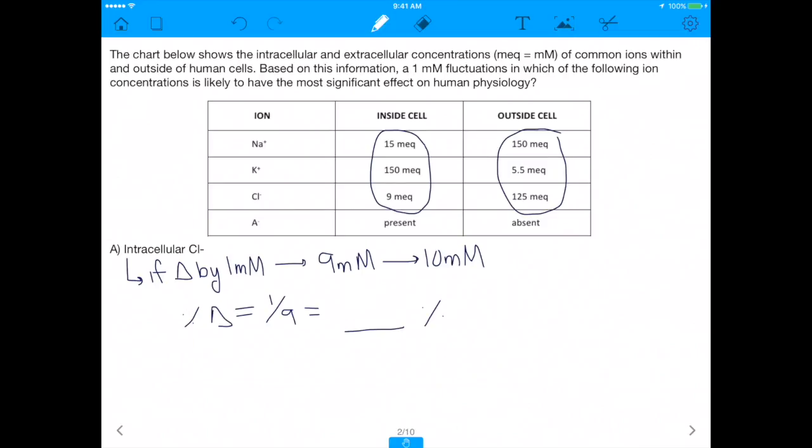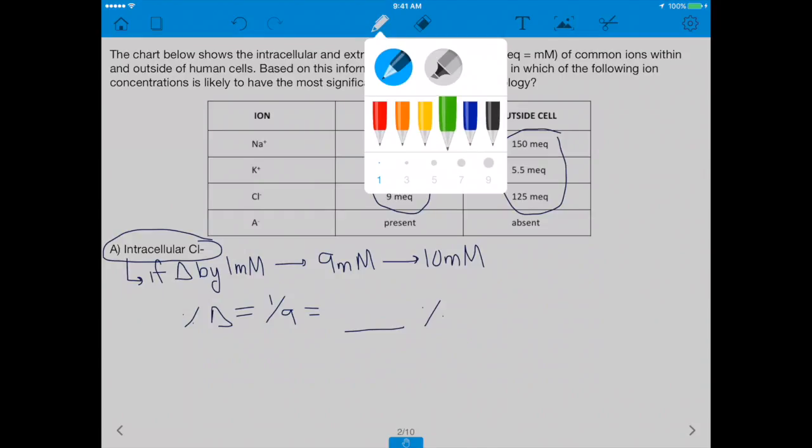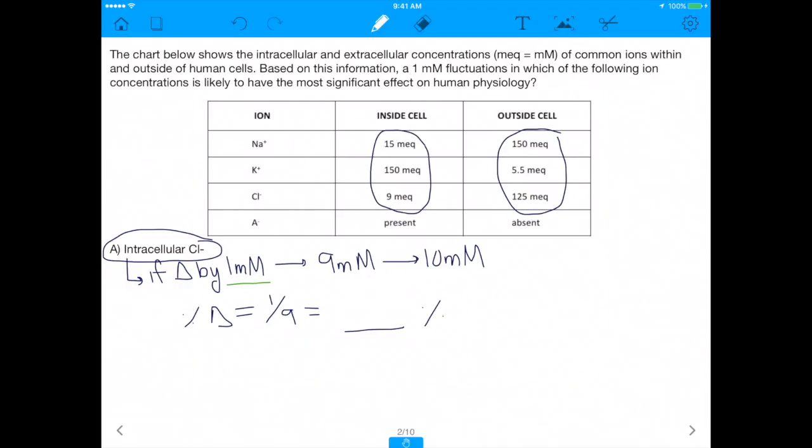So now let's start with our first answer choice. Our first answer choice says intracellular chloride concentration. If we were to change the intracellular chloride concentration by 1 millimolar, that would basically be like taking the 9 millimolar that we know is inside of the cell, and then making it 10 millimolar. Percent change is usually the change you make over the original value.